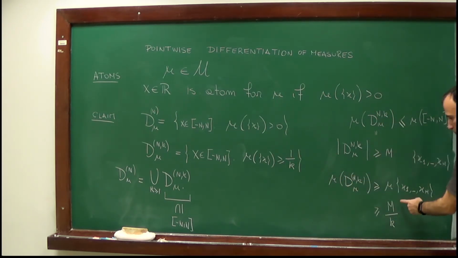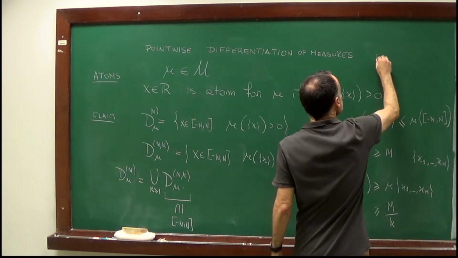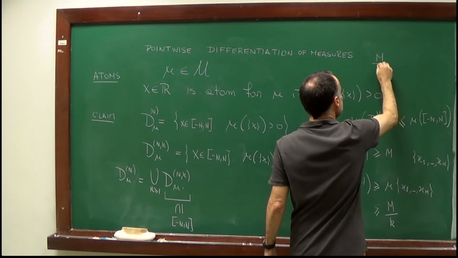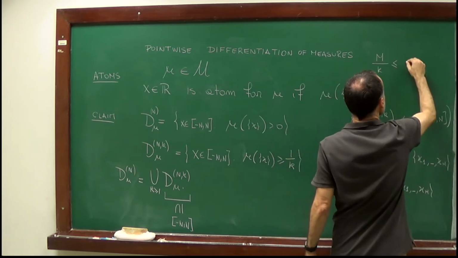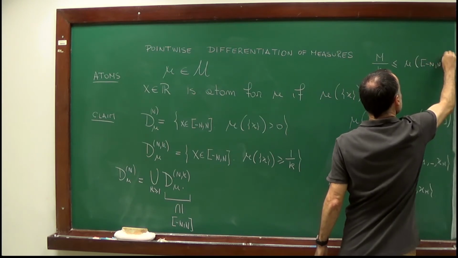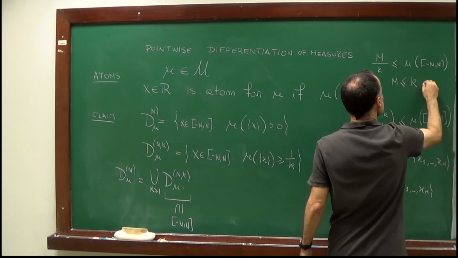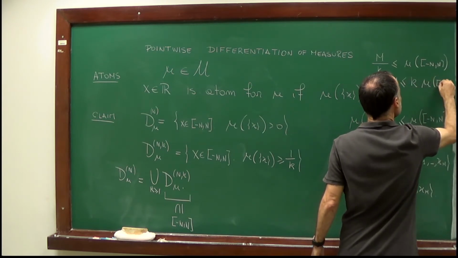So what do we have? What have we proved? That m divided by k is less than this expression, which is less than that one, and therefore we conclude from these inequalities that m divided by k is less or equal than mu of [-n, n], and therefore that m has to be less or equal than k times mu of [-n, n].